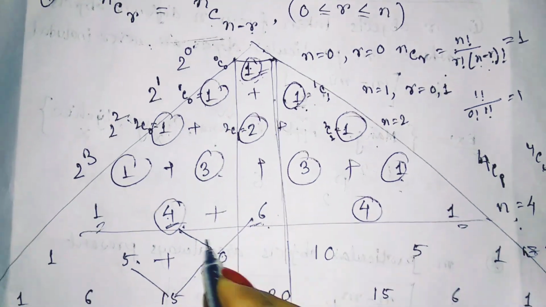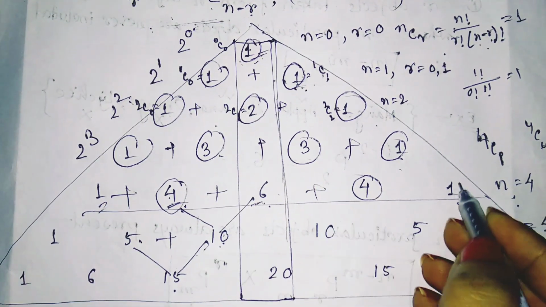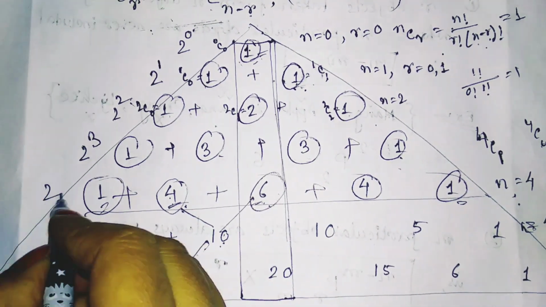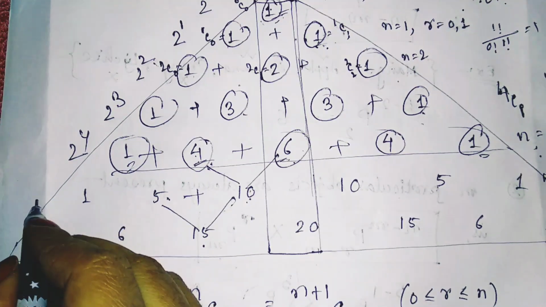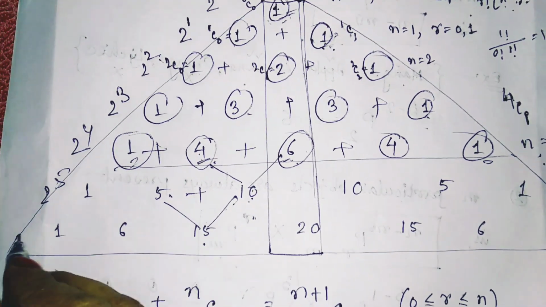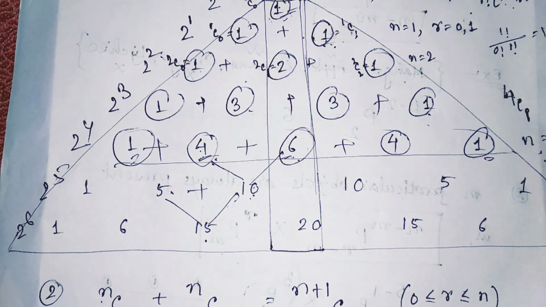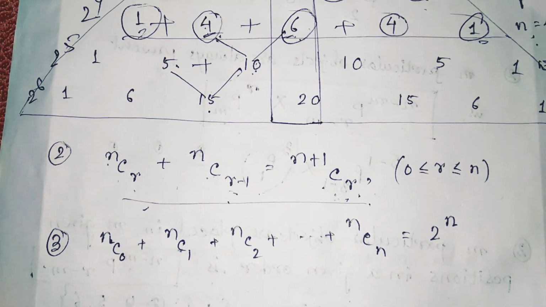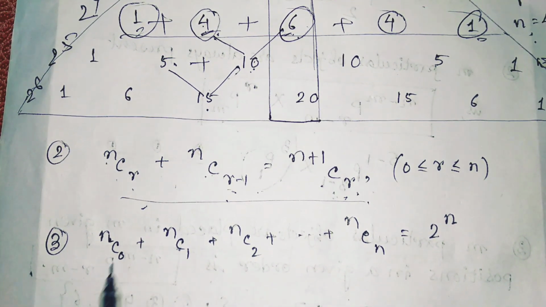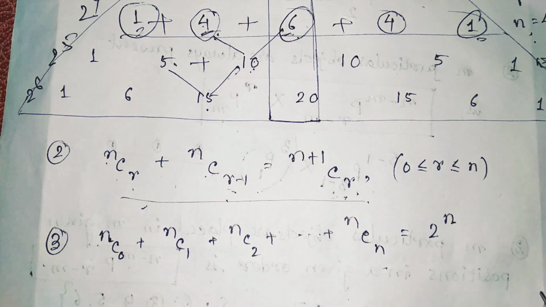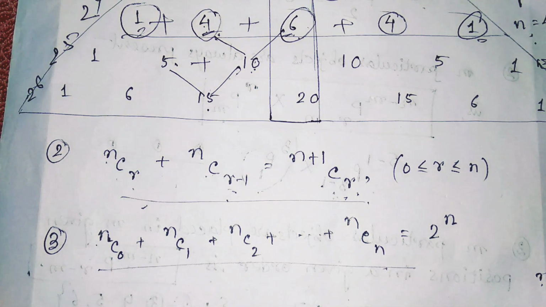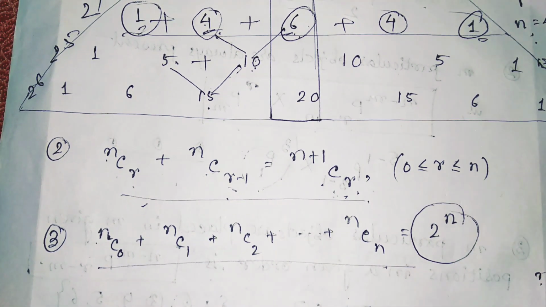Next, if we add all these values, we find 2 to the power 4. Similarly, this one is 2 to the power 5, this is 2 to the power 6, and so on. That's why for any n, where n is the total number of choices, if we add all these combinations, we will always find 2 to the power n. These are basically the prelude of the binomials.